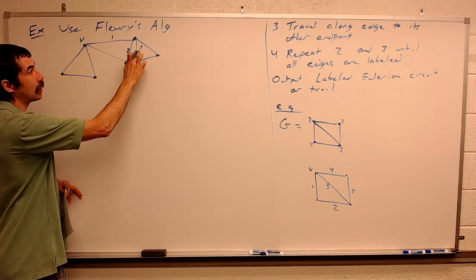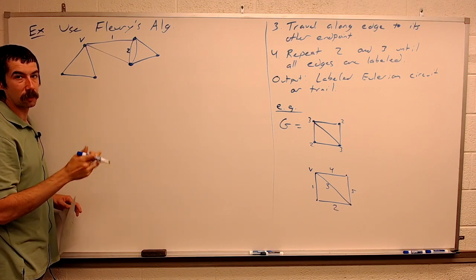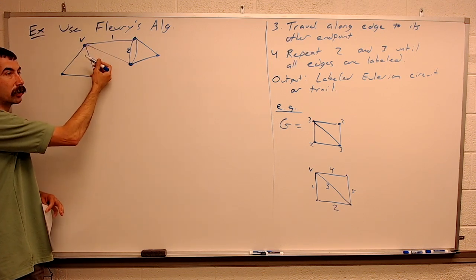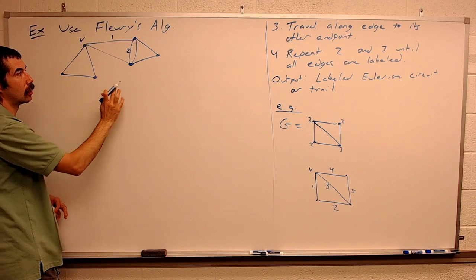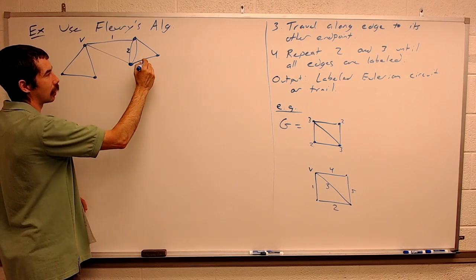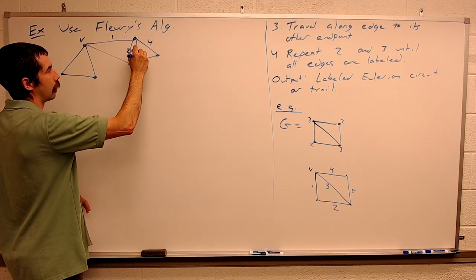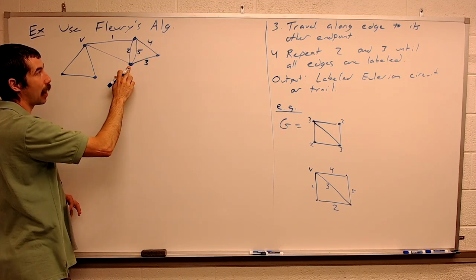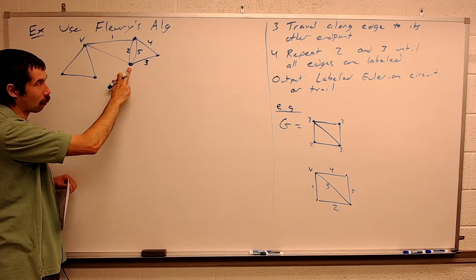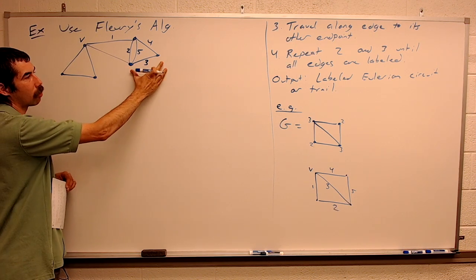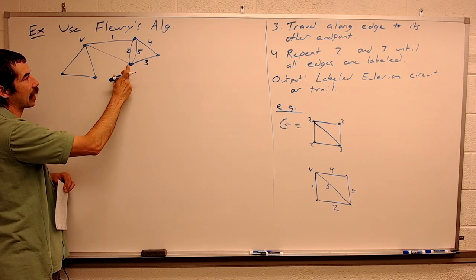We need to get these edges labeled first before we could head on over to the left part of the graph. All right, and so what I'm going to do is maybe I'll take this edge, and now here, and now back down. So I'm back to where we just were. And now, since all these edges are labeled, I can travel back.